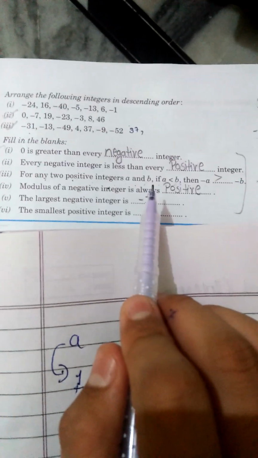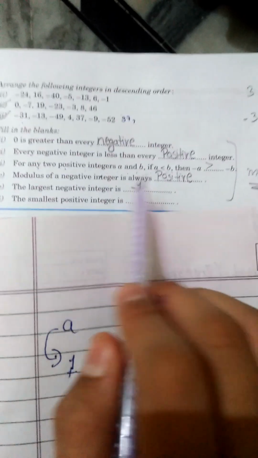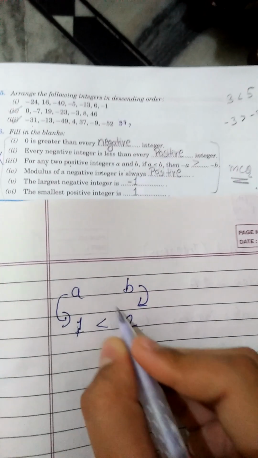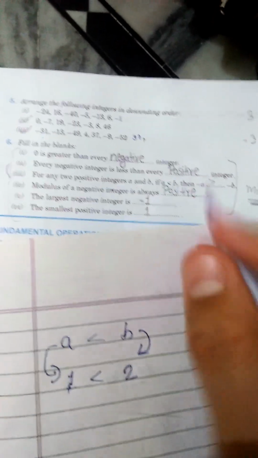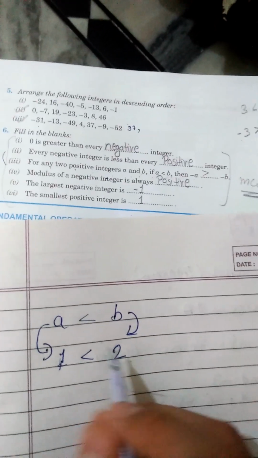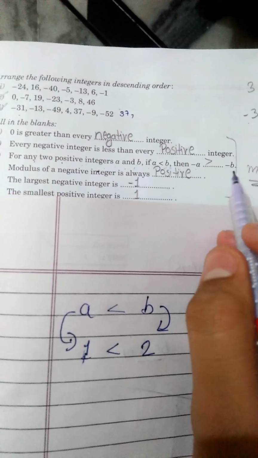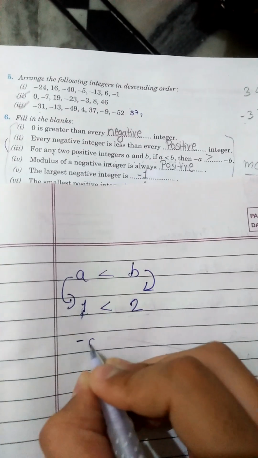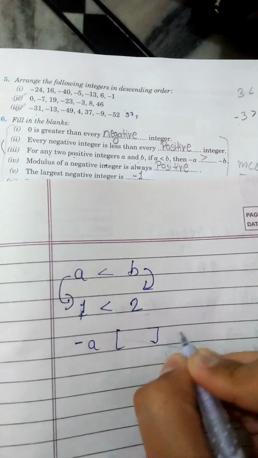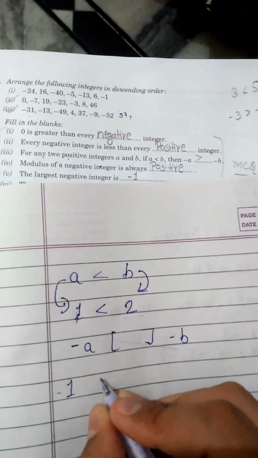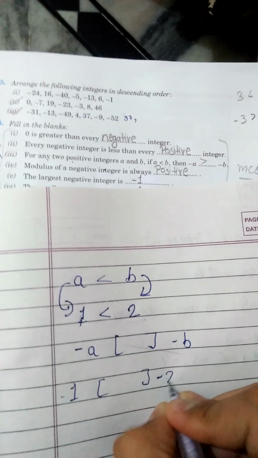1 and 2. If a is smaller than b, so if 1 is smaller than 2, then minus a dash minus b, as minus 1 dash minus 2.